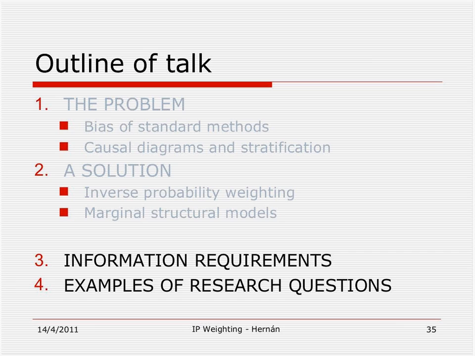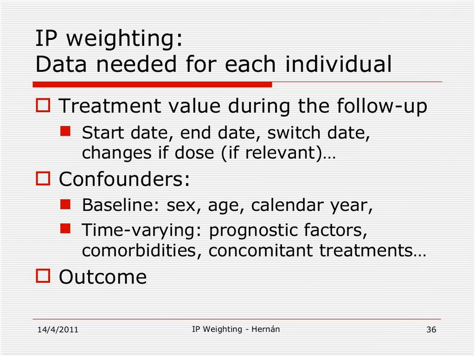What are the information requirements, the data we need to apply the method? Well, we need a time-varying treatment. So we couldn't use this method with a case-control study in which treatment is ascertained at one time only. We need to have treatment ascertained during the entire follow-up. We need to have the start date, the end date, the switch date. If there is a switch, we need to know where the changes are, if that is relevant, etc. We also need time-varying data on the confounders, on the determinants of treatment over time.